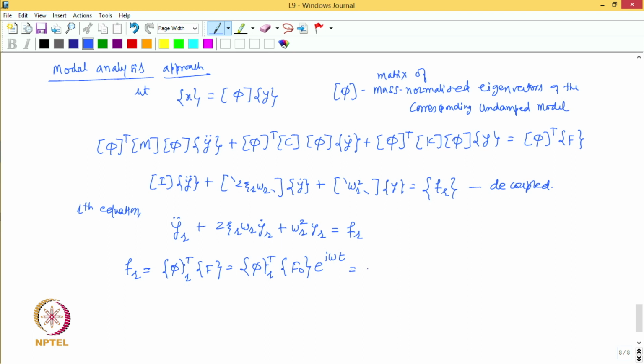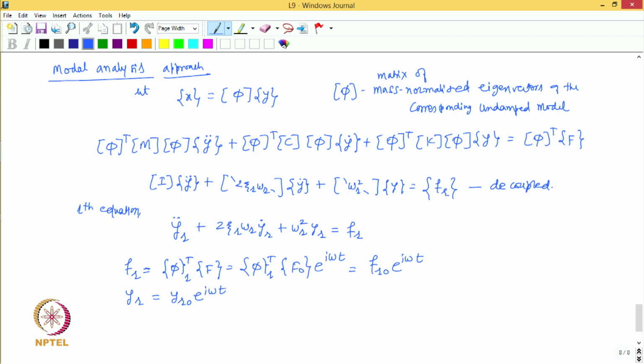So, it is a scalar, F r o being the amplitude of the modal force, F r o e to the power I omega t. If that is so, the modal response will also be harmonic, and we can write that as y r o e to the power I omega t.